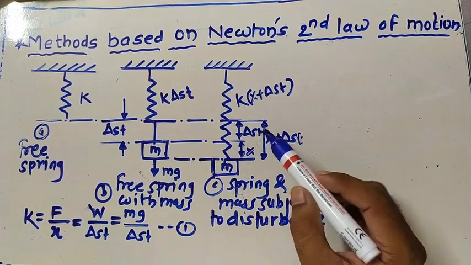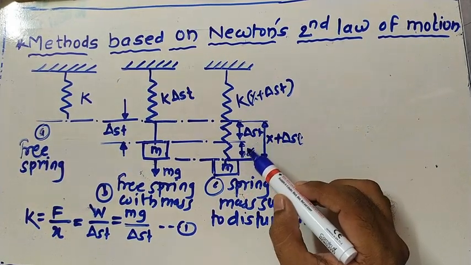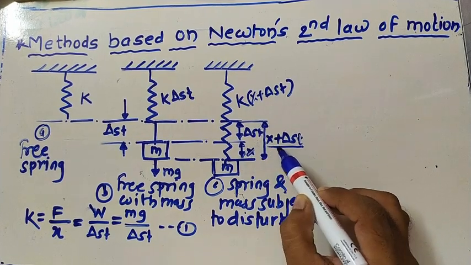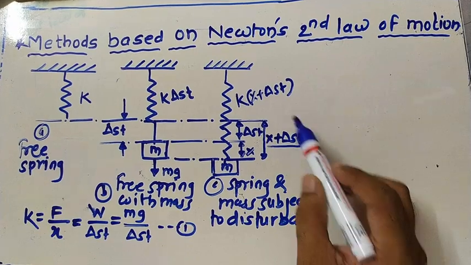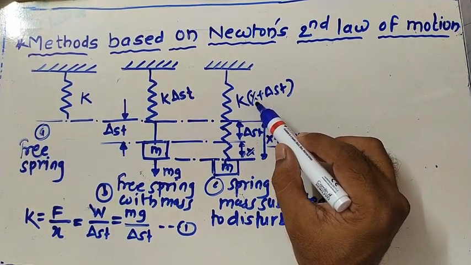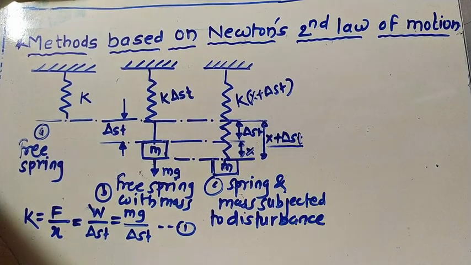So the initial displacement is delta st, the next displacement is x, so the total displacement is x plus delta st. So the spring force we can get like this: k into x plus delta st.